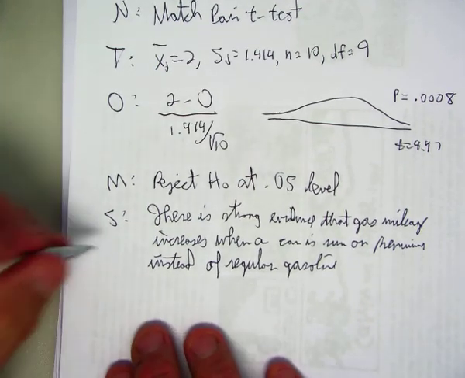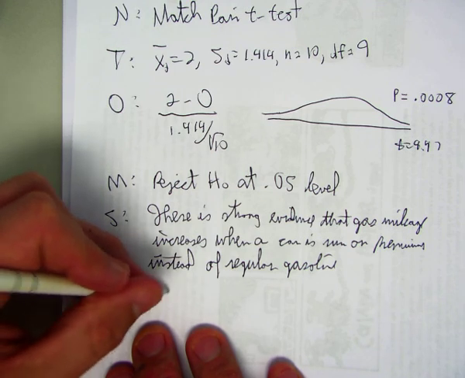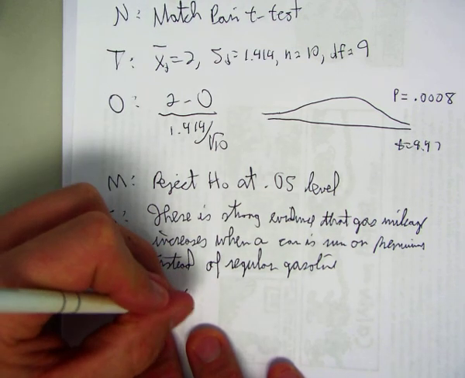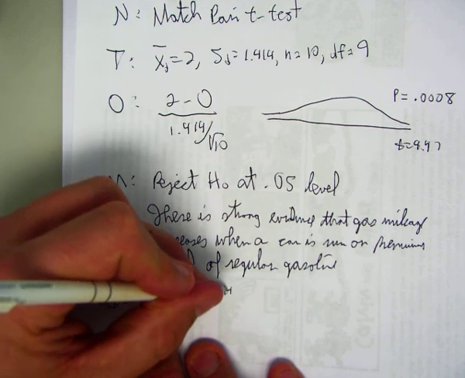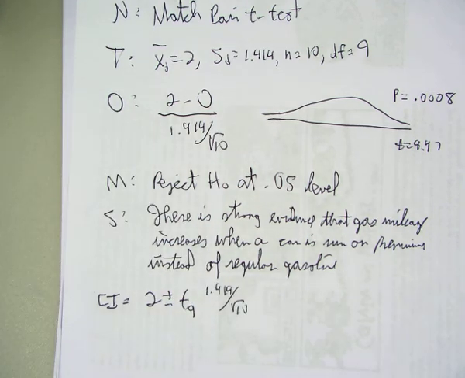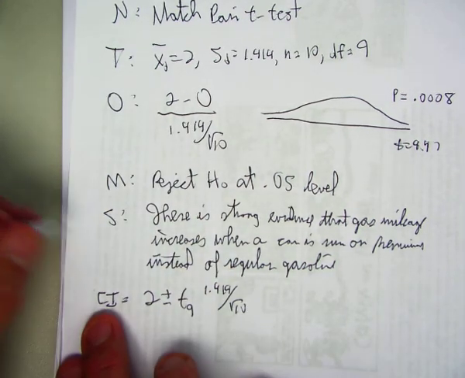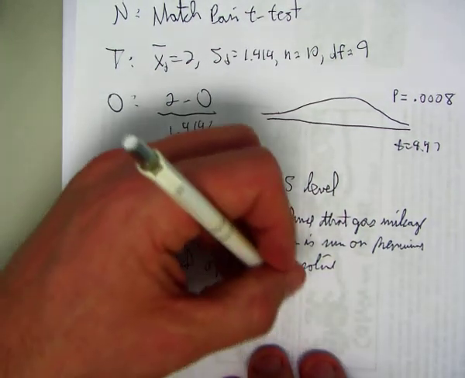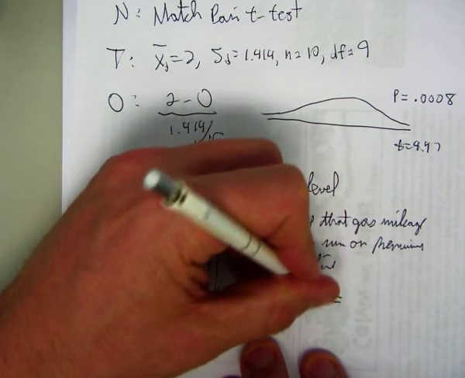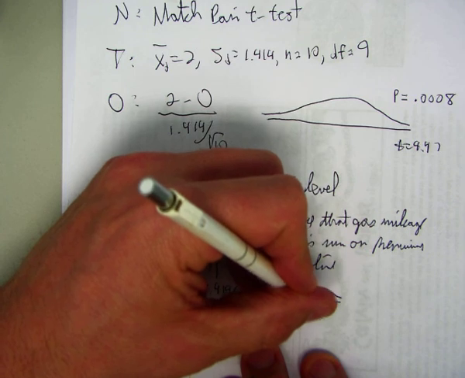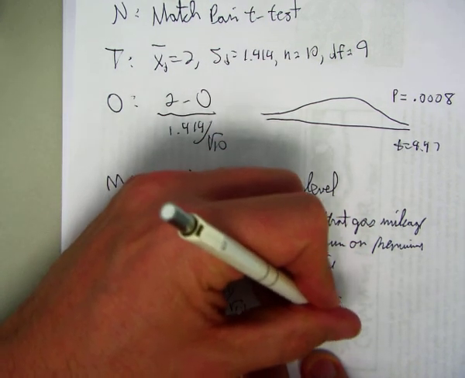So now we got to do the confidence interval. That's what question B asks for. So we're going to do x bar plus or minus t with 9 degrees of freedom, s is 1.414 over the square root of n. So that t value right there, if I was to do a 90% interval, right, this is 90%, then this starts at the 5th percentile and ends at the 95th percentile.